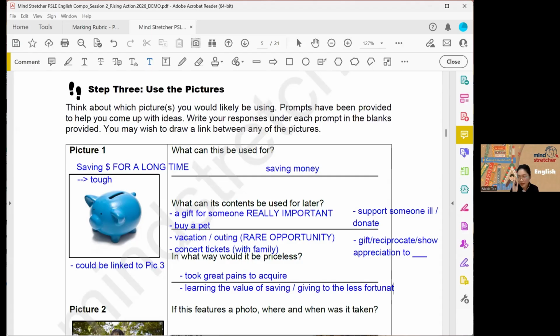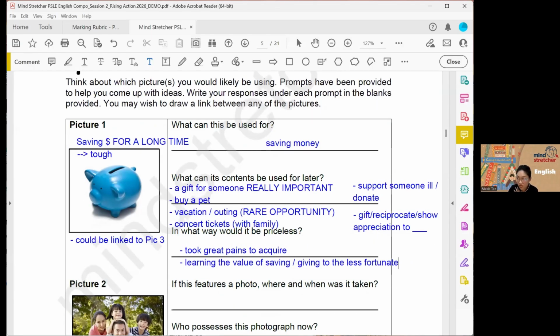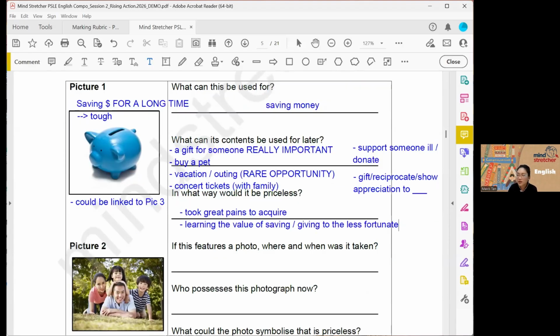Okay, it could also be that, for the effort, and then letting this money go to someone other than yourself. It's really priceless, okay? Yes, exactly. The joy of helping the needy. Yes. Someone, yes. Okay. So that's picture one.